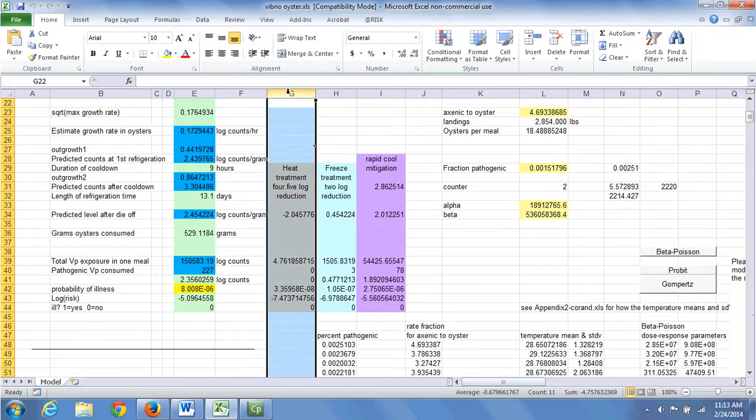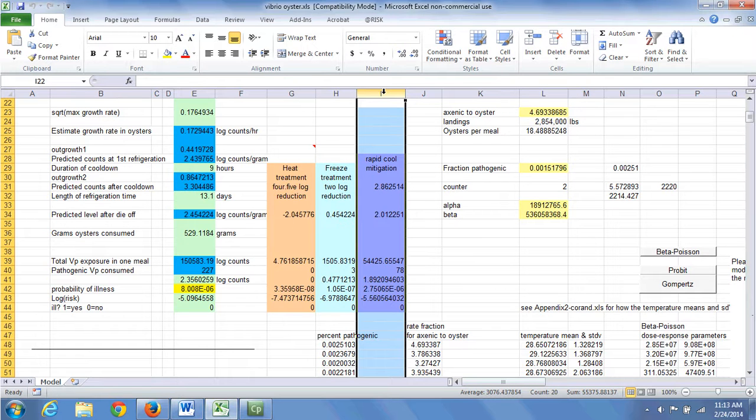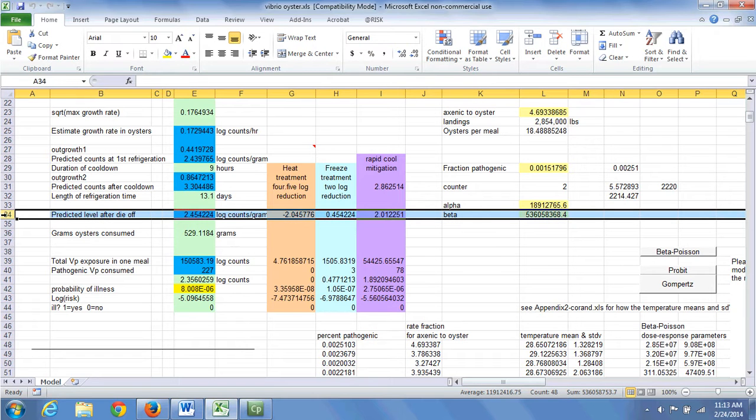In column G, I had mentioned earlier that we were going to look at a heat treatment, a freeze treatment, and a rapid cool mitigation. Essentially, this takes these oysters that we were describing in column E, and once we get to this point, the oysters all have a different fate. The predicted level after die-off of oysters that are just harvested and routinely handled would be 2.4 log count of Vibrio per gram.